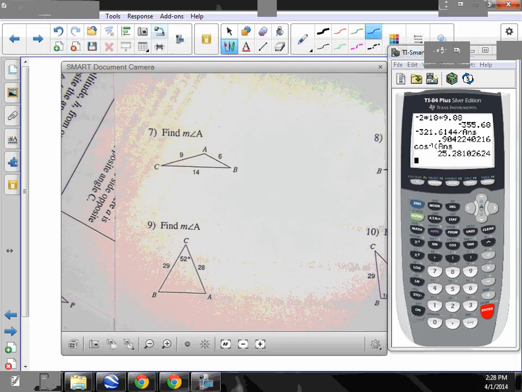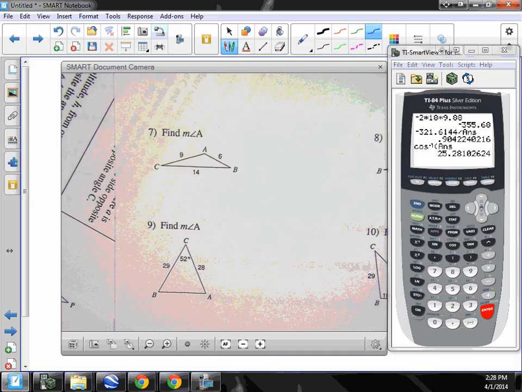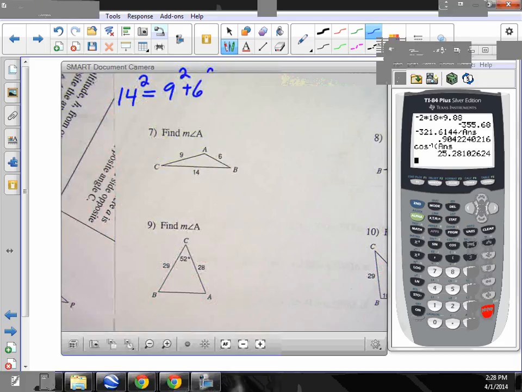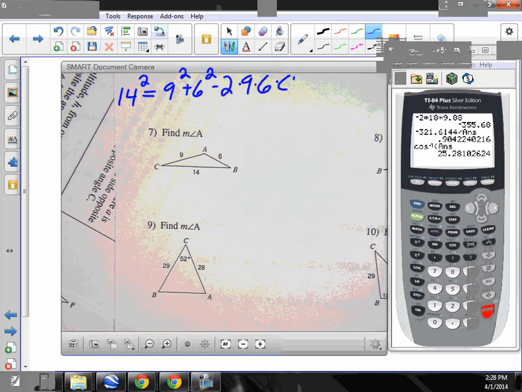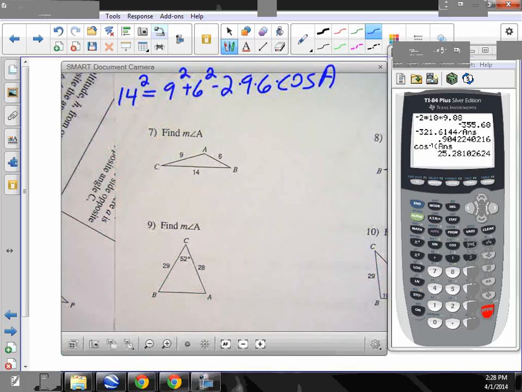If we're looking for angle A, we need to use the a squared equation. So 14 squared equals 9 squared plus 6 squared minus 2 times 9 times 6 times the cosine of A. Everybody okay with that?